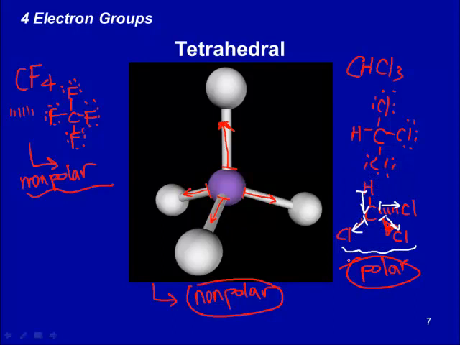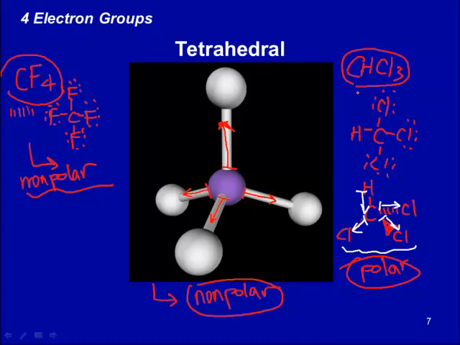Okay, so the key lesson learned here is do not take it for granted, do not generalize that. It's quite different if you have CF4 and all four of the elements are connected to the carbon directly, and they are all the same. So that's why the symmetry works, and also it's a nonpolar molecule.